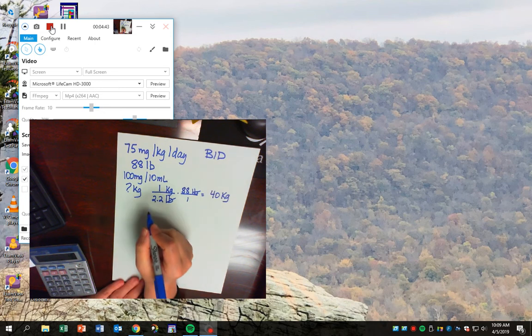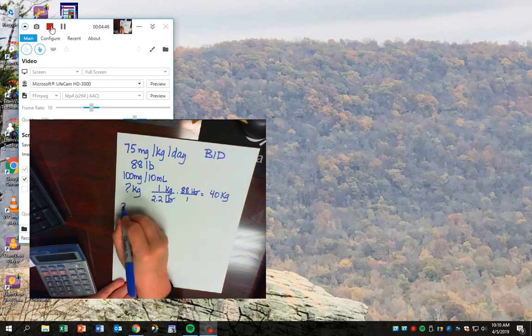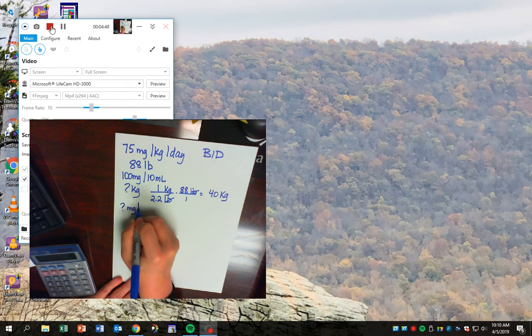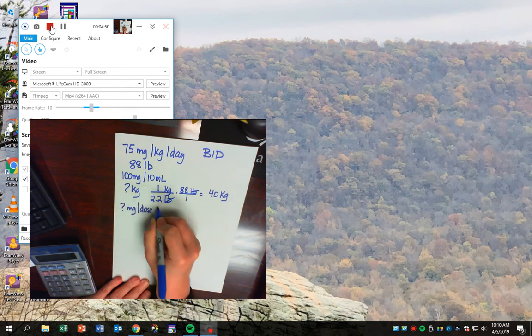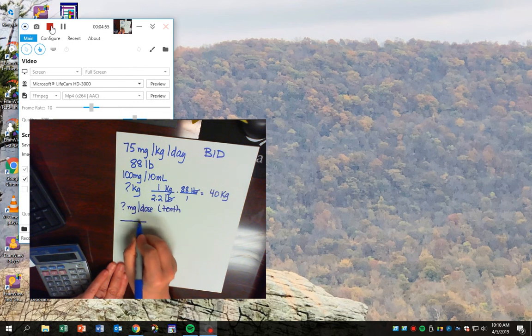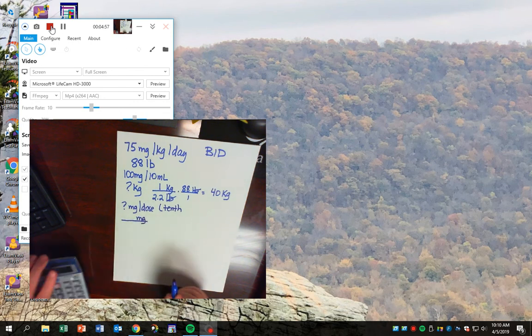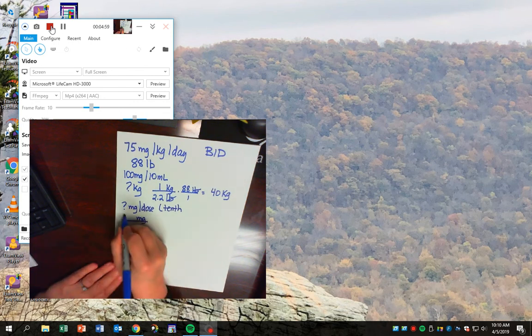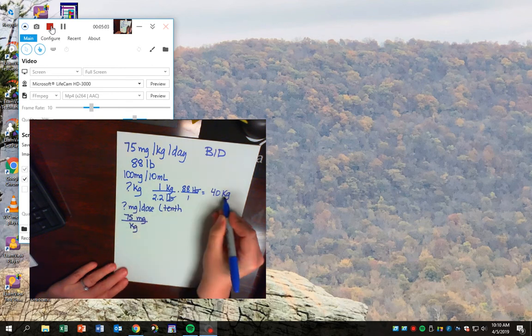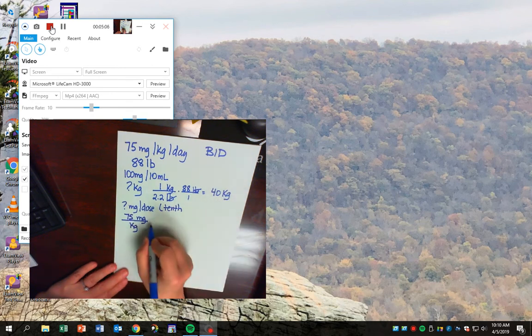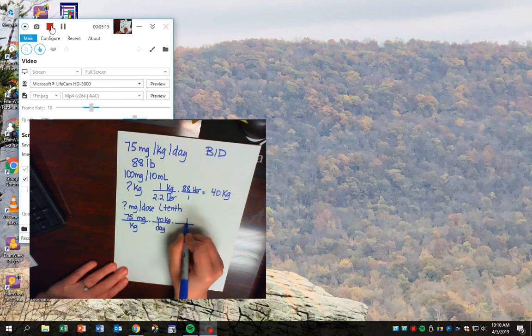Then number 6 says calculate the safe dose in milligrams per dose, and we're going to round to the 10th. So milligrams per dose, I need to start with milligrams on top. I have 75 milligrams per kilogram, and since we've already solved for kilograms, I can plug in 40 kilograms. Then I need per day. If this is days, I have to have days next.